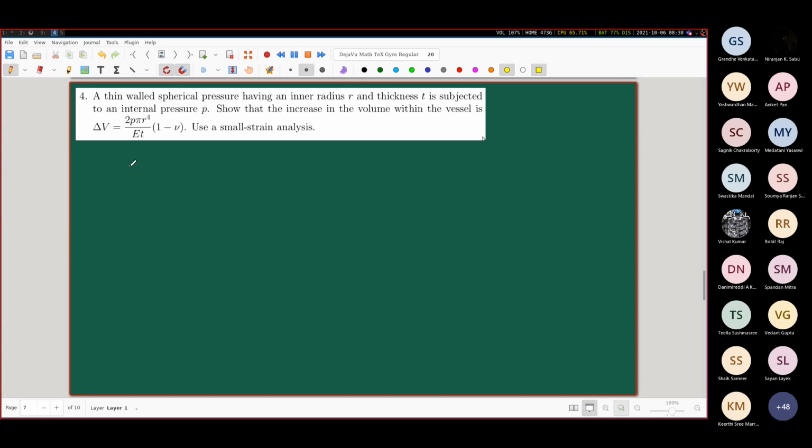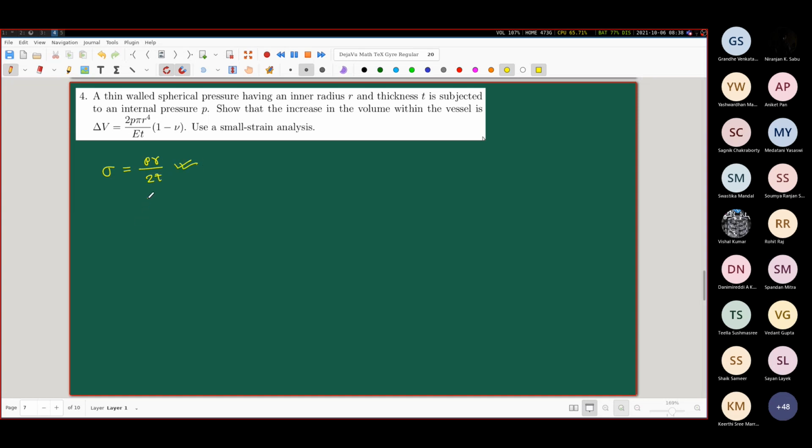Given the pressure, inner radius and the thickness, you can find out the sigma 1. And this is a spherical pressure vessel, so it doesn't make sense to distinguish between sigma 1 and sigma 2. There is only one sigma, which is PR by twice T. This we can find out.